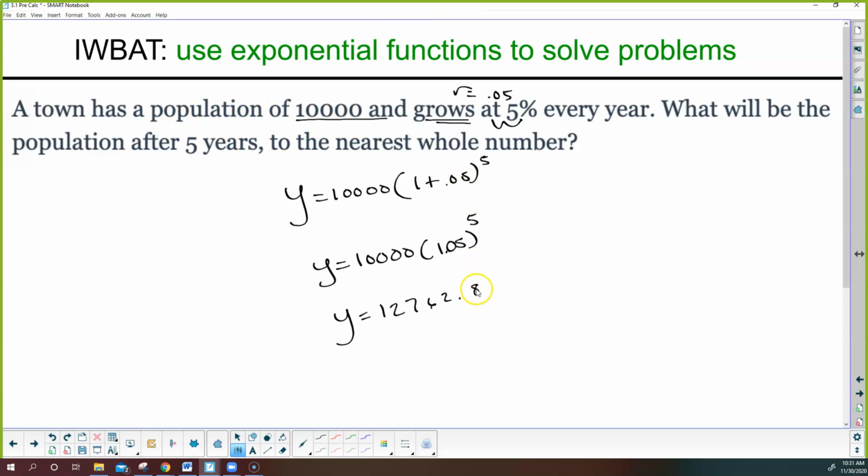So I have a 0.8. That 0.8 is going to actually round it up to the nearest person. Right? So in this case, we're rounding to the nearest whole number.